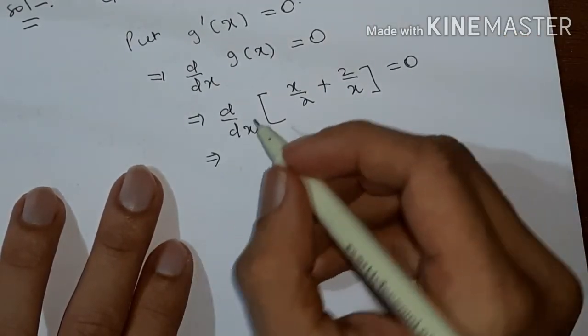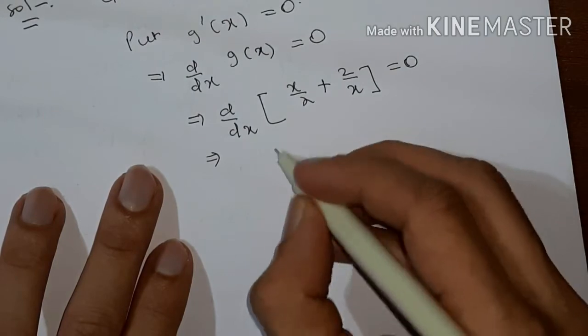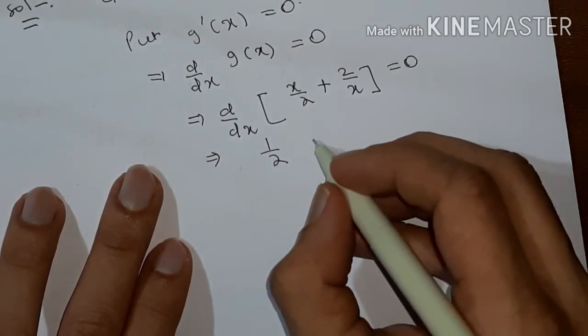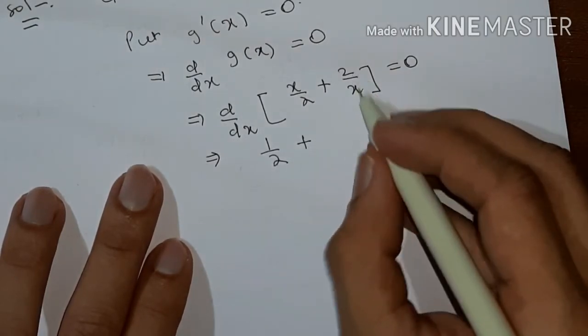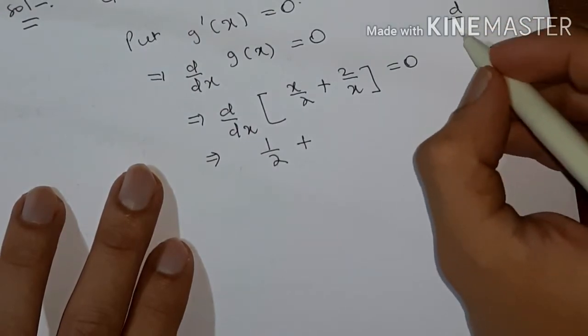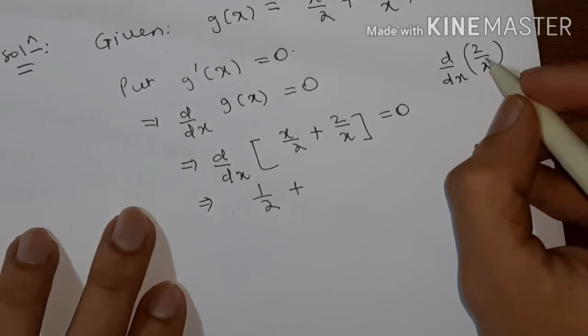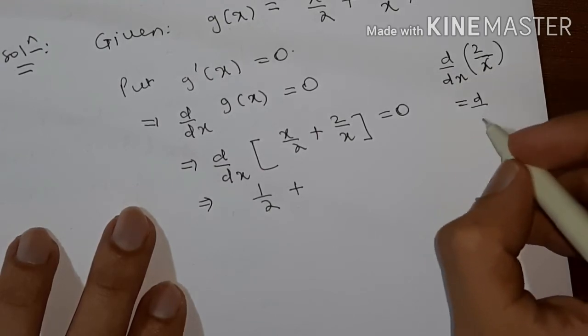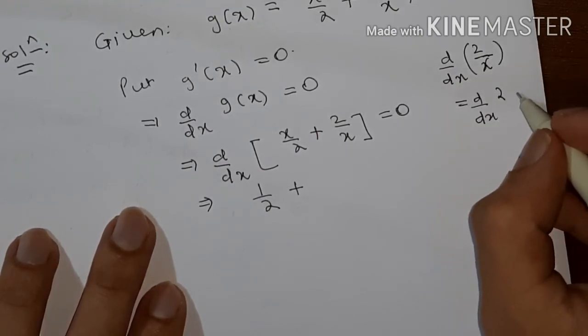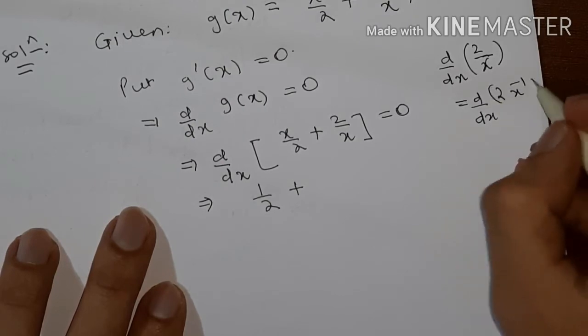Now what is the derivative of x by 2? It is 1 by 2. And what is the derivative of 2 by x? We can write this as the derivative of 2 times x raised to minus 1.